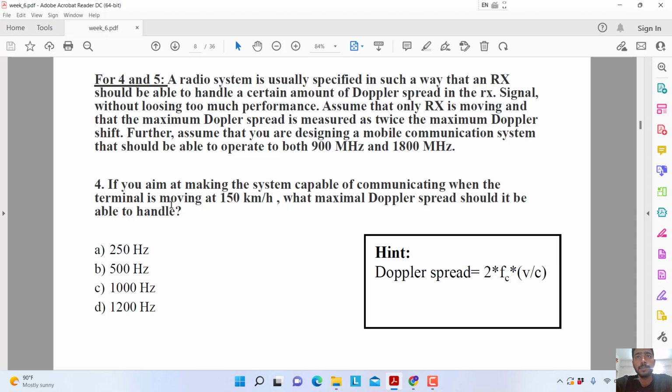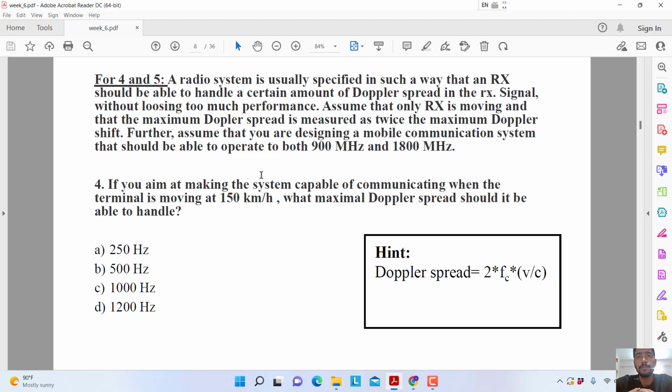Okay, try this question. I'm giving a hint: the formula of Doppler spread is given there. By your intuition, you can apply it there, right? Apply it and let me know which option is correct. Again, I'm reading the question. If you aim at making the system capable of communicating when a terminal is moving at 150 km per hour, what maximum Doppler spread should it be able to handle?